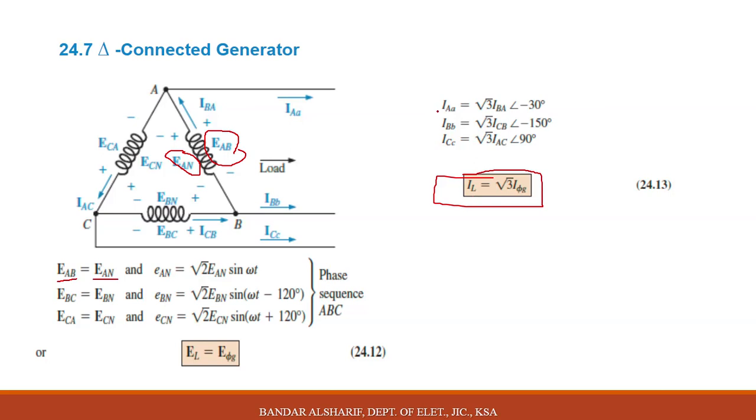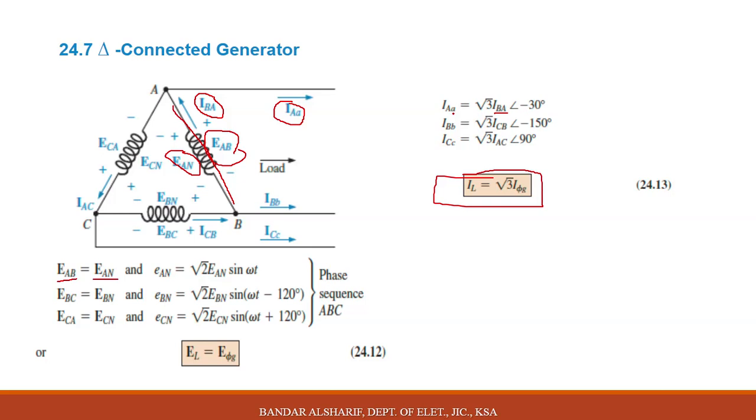Here IA capital A small equals root 3 times IB capital A small. You can see here this line value IA capital A small, you need to multiply the phase value by root 3. This is the phase value for the current, the current going through the winding.